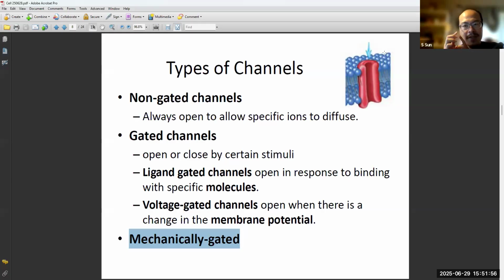Because there is a mechanical deformation to that cell membrane, and so it will open up the channel, allow ions to go through, and deliver the signal through your nervous system to your brain. So that's the mechanically gated channel. So there are different kinds of channels.